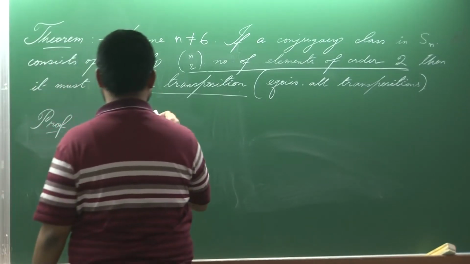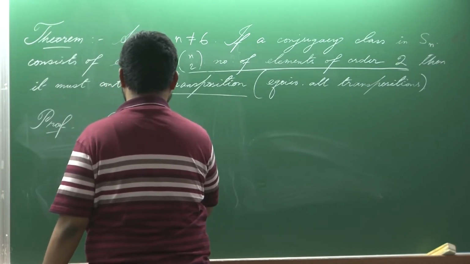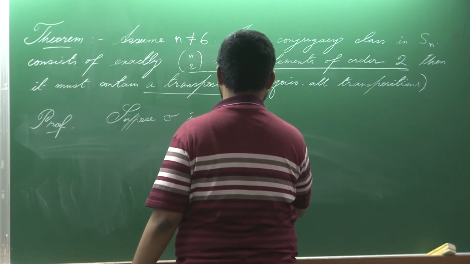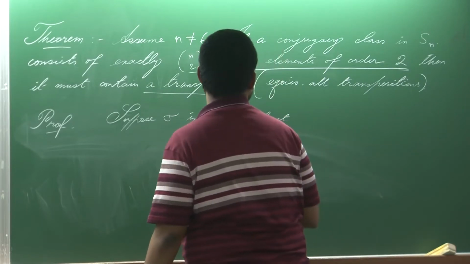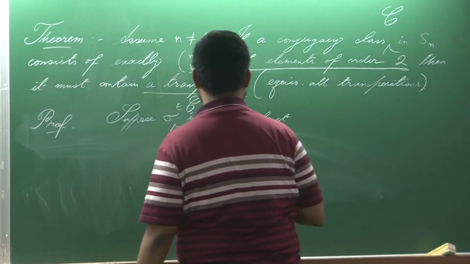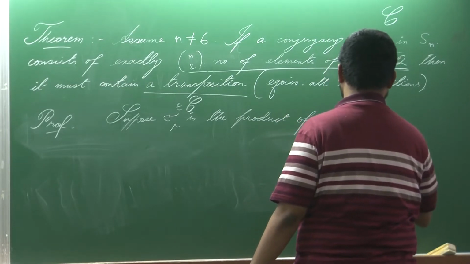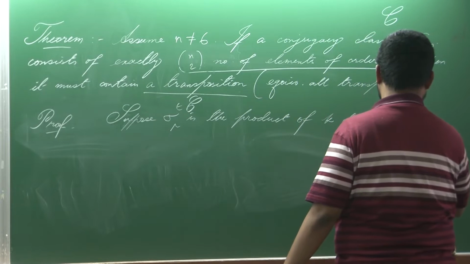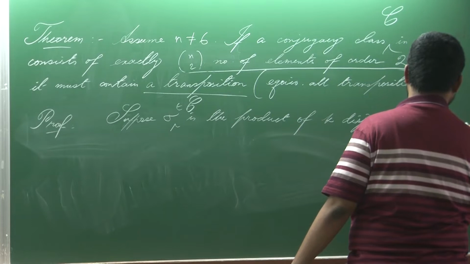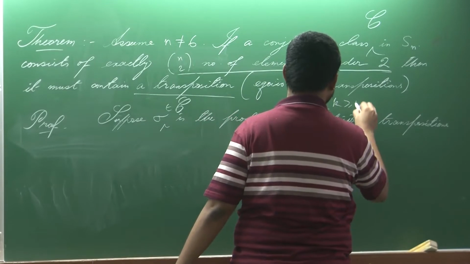Let me denote the class by C. Suppose sigma is the product of k disjoint transpositions, where k is of course greater than or equal to 1.